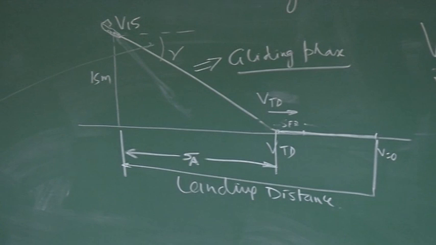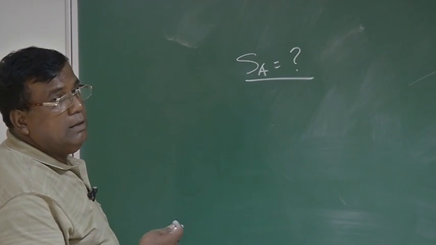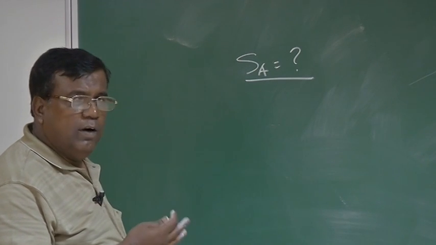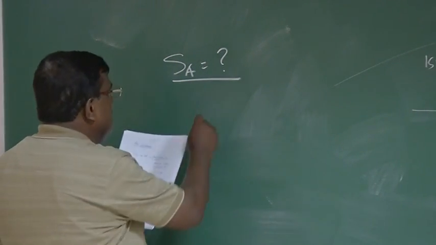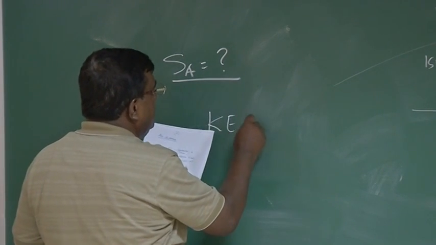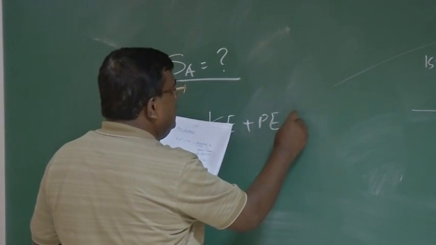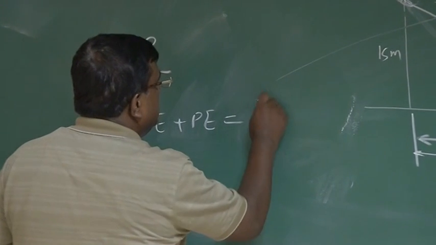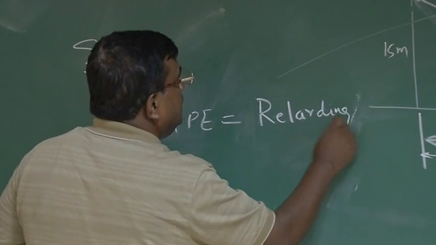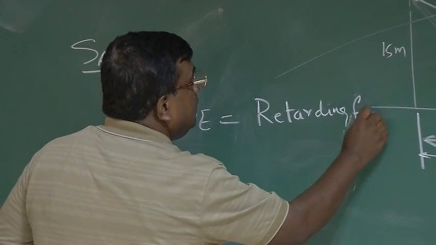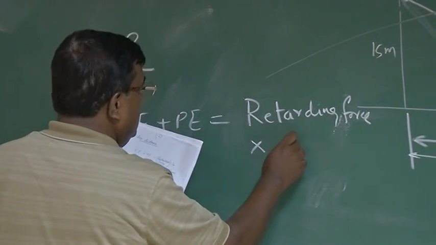If you see any book, they have made an attempt to find different ways. I will be presenting one simple way, and it really works well. And the principle is very simple. The kinetic energy plus potential energy, the total energy, equals the retarding force into distance SA.